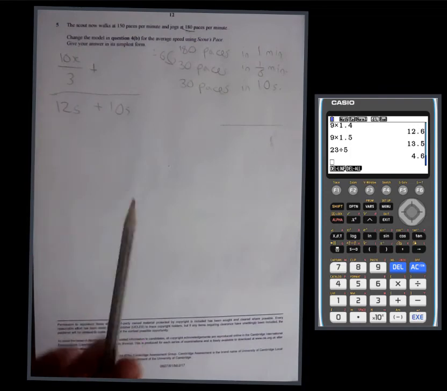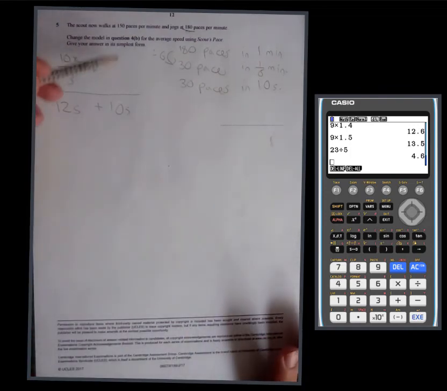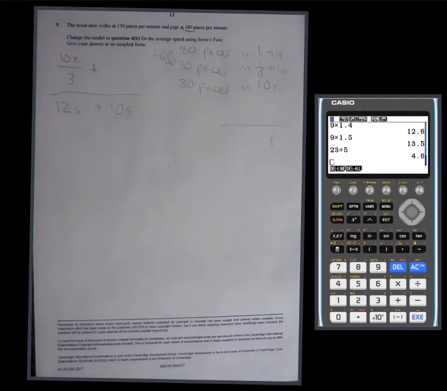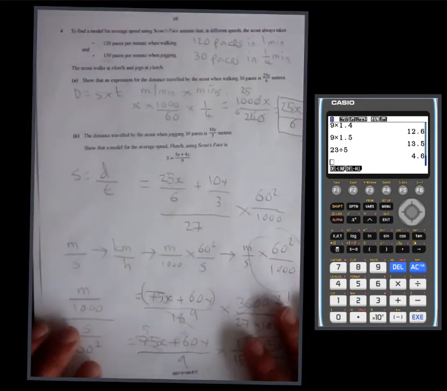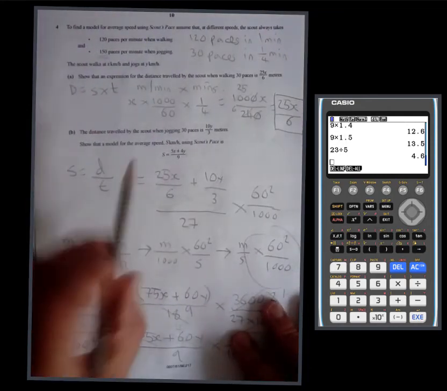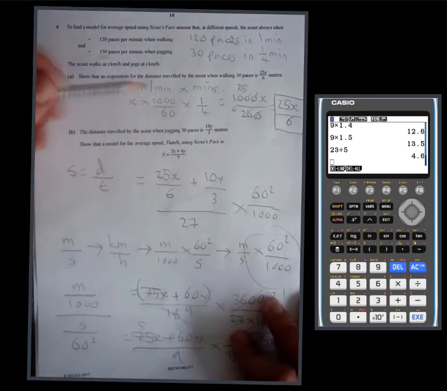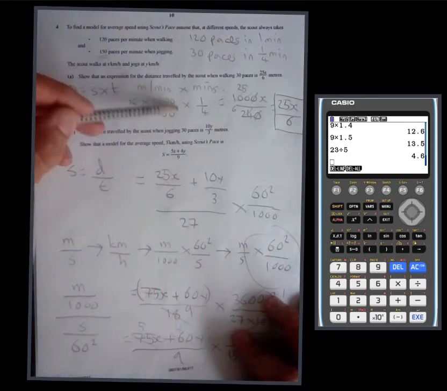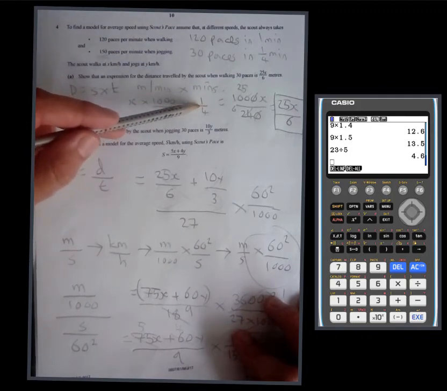So what we need to do now is work out the actual distance that you're going to do in 30 paces at speed y. So we'll use the same methods from number 4. It is the speed times the factor that converts it into meters per minute times the number of minutes.